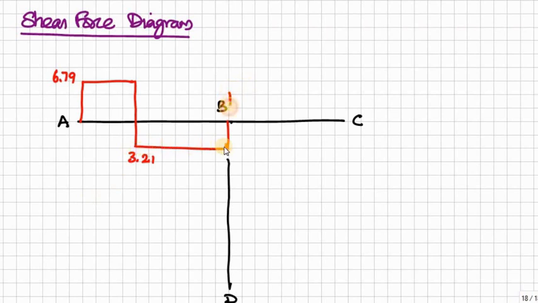Again there is no load, straight, then up RBA. Now RBC, this is UDL, therefore gradually decreasing to this point, 2.03. Again up, RC is up.